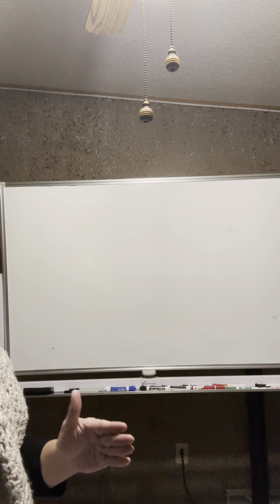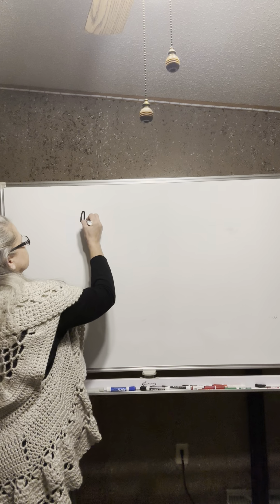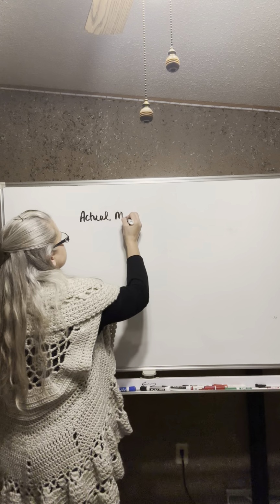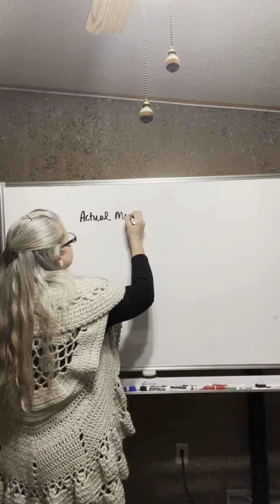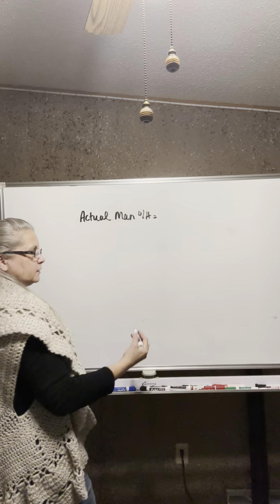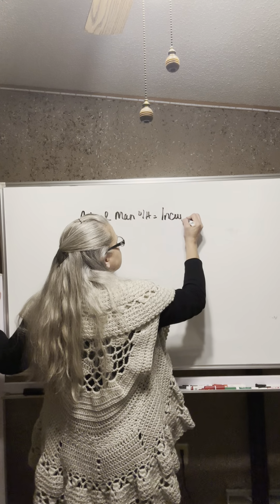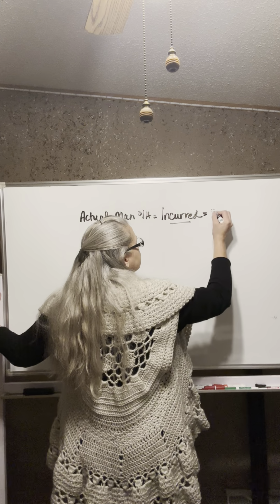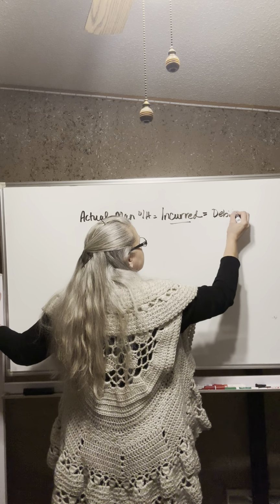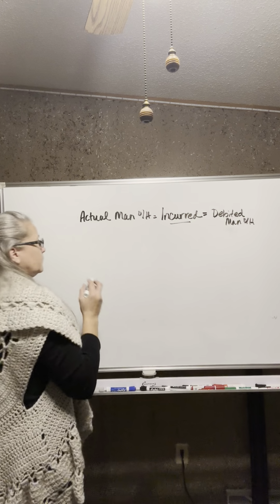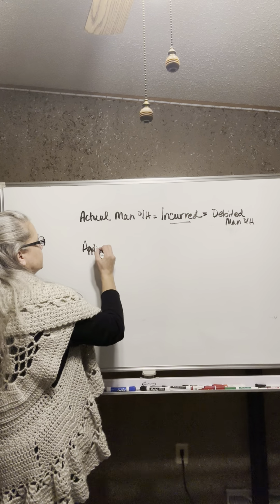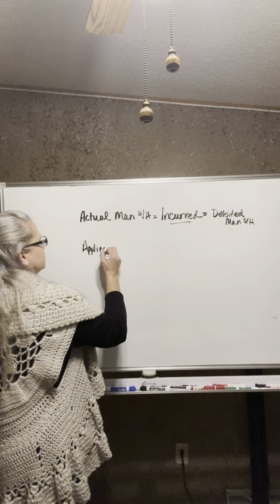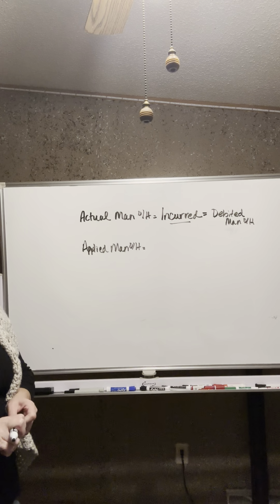So we have actual overhead, that's what is true, what we really had, what's incurred. When we incur it, we debit manufacturing overhead. Applied overhead is that estimate, our predetermined overhead rate.